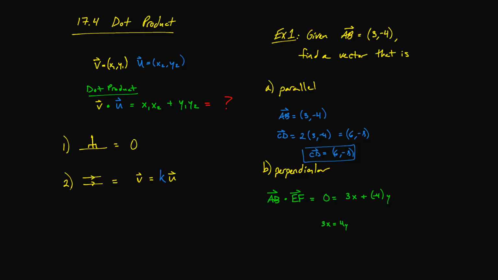And if you divide each side, you get 3 divided by 4 is equal to y divided by x. Well, let's focus on this, your change in y and your change in x. And we can use that as our vector here to say that vector EF is simply equal to 4, 3.